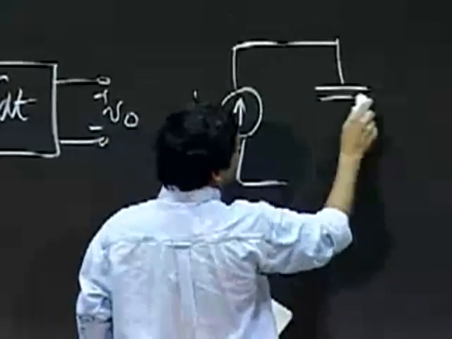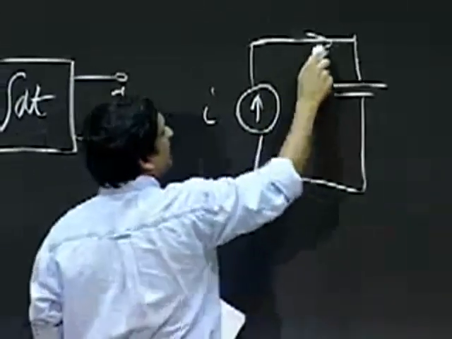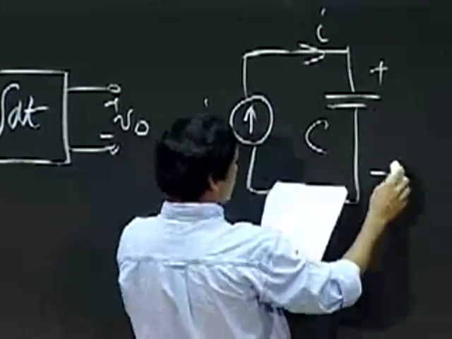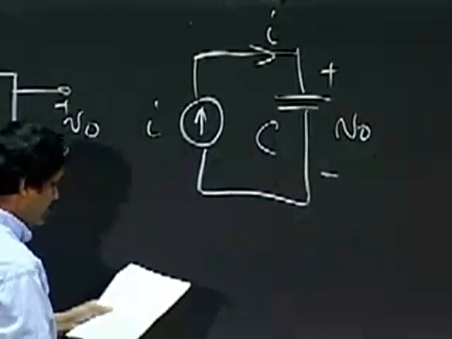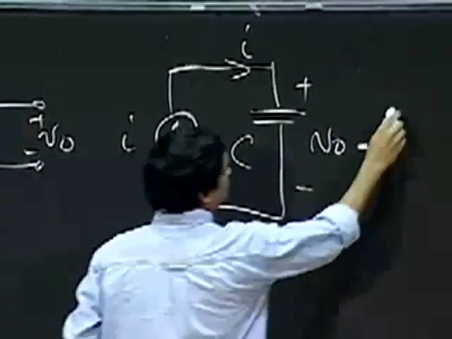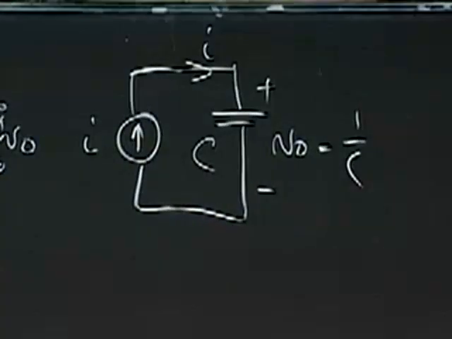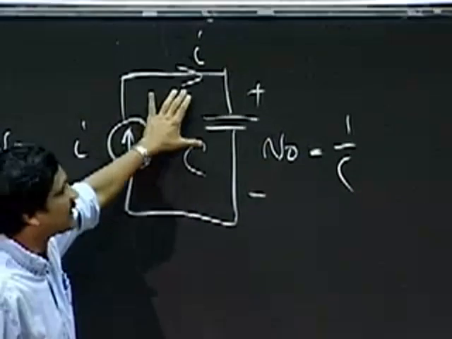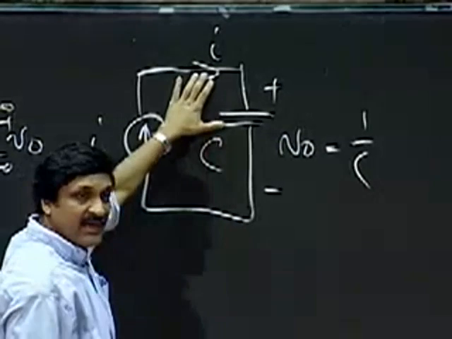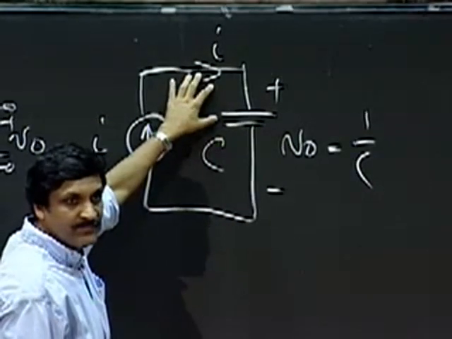And notice that if I stick a capacitor in here, this current is I, capacitance C, then my voltage V0 is given by what? My voltage is simply the integral of the current flowing through it. Or vice versa, I is C dV dt.